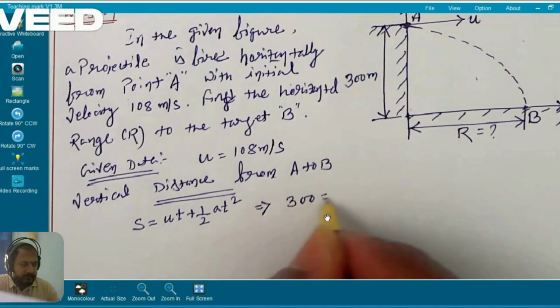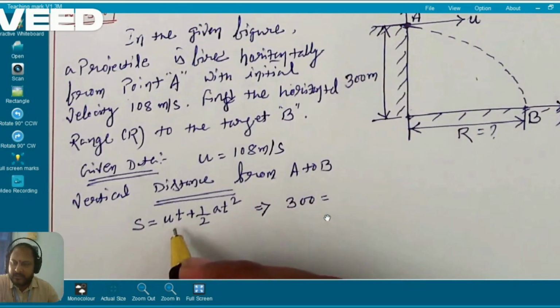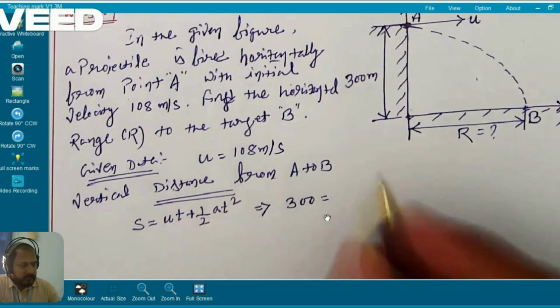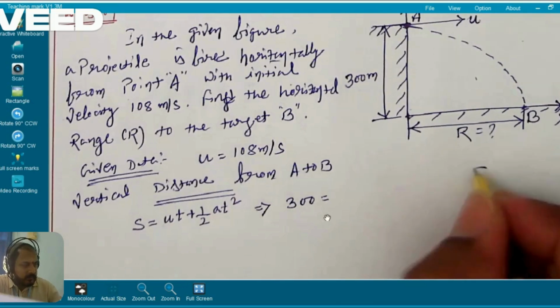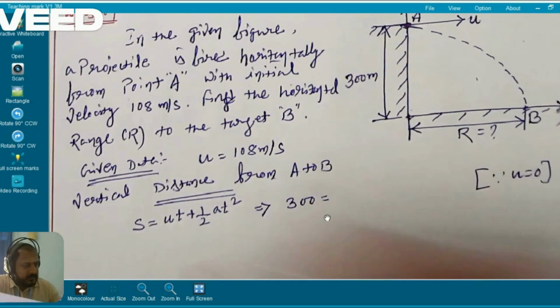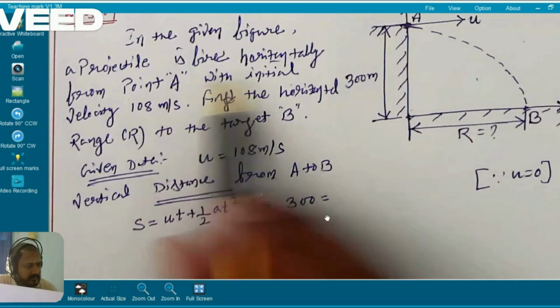Okay, equal to. Now, when you are calculating this particular vertical distance from A to B, okay, so the U will be 0, because here clearly it is written that it is fired horizontally.